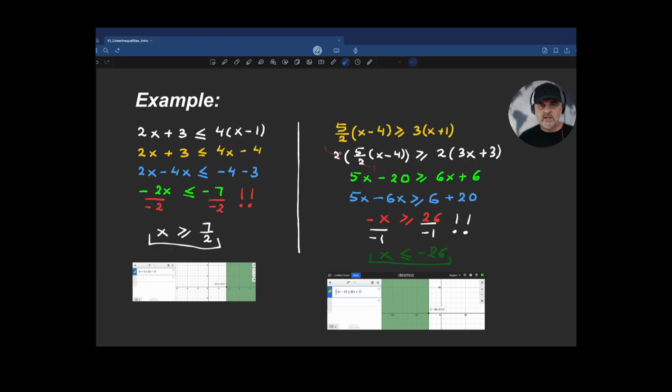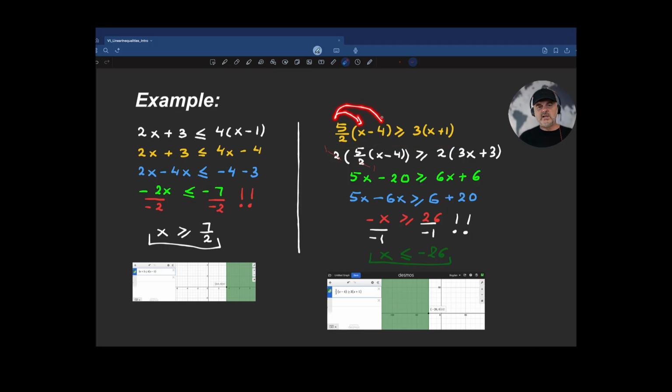And let's move to this example where you see a fraction as a coefficient on the left side, and the left side must be greater or equal to the right side. So in order to find a set of numbers that would satisfy this inequality, we must simplify by using the rules of distribution.